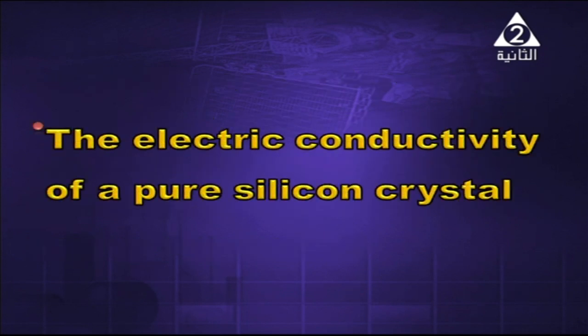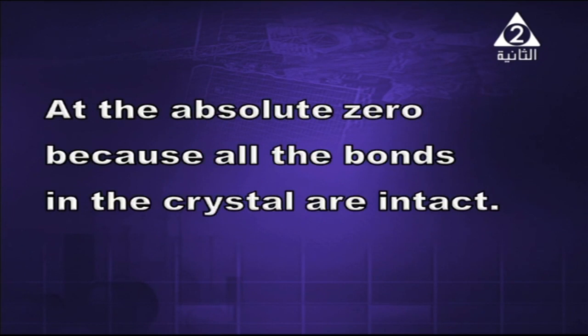When does the electric conductivity of a pure silicon crystal equal 0? At absolute zero, because at this temperature it is believed that all bonds in the crystal are intact.